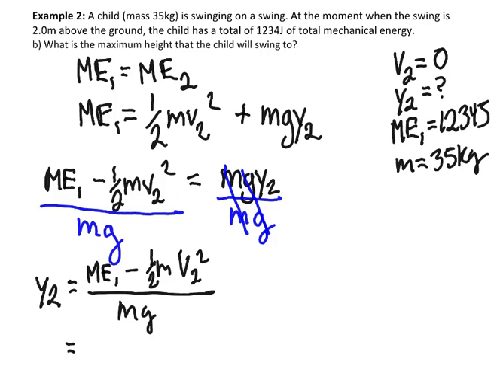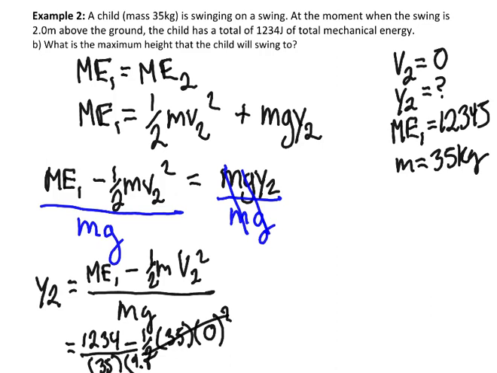Let's plug everything into that. So mechanical energy 1 is 1,234 minus a half times the mass, 35, times the final velocity, which is 0. So that whole term is going to be gone. Divided by the mass, 35, times g, 9.8. So that's getting a little bit messy.